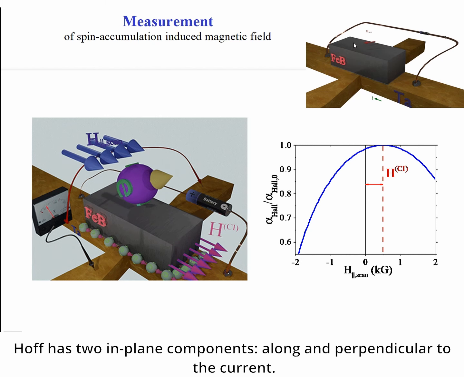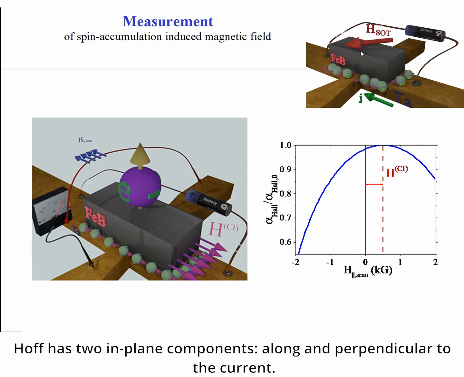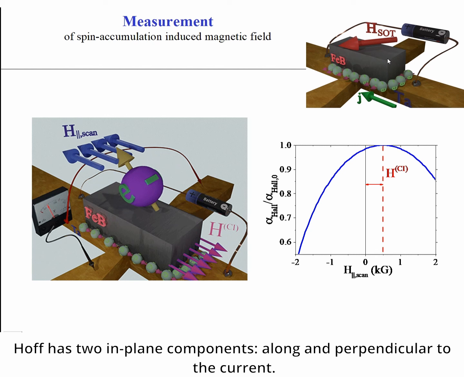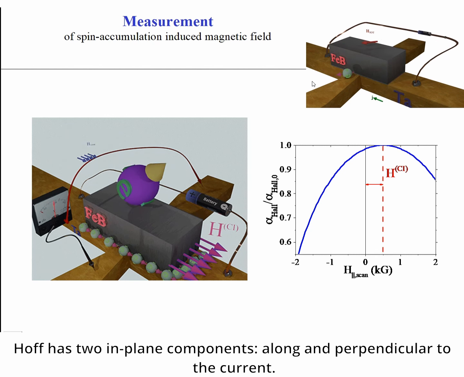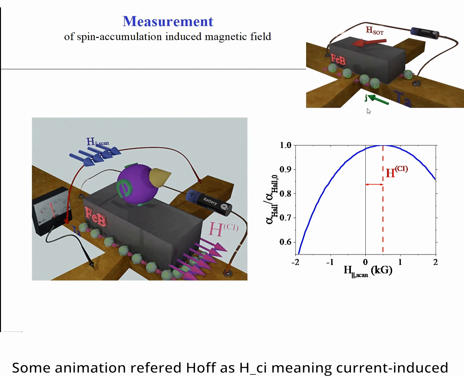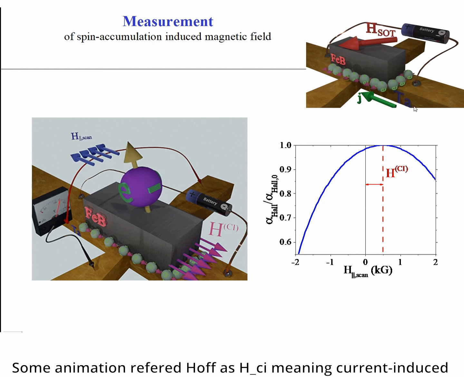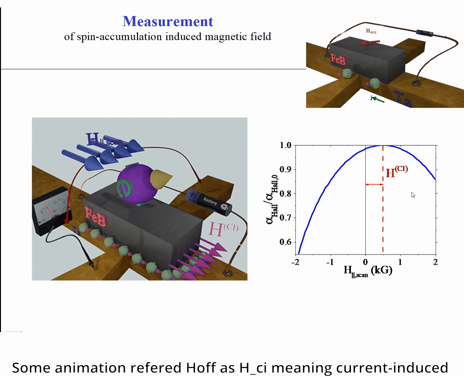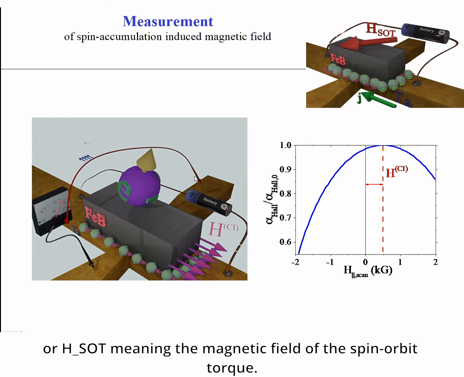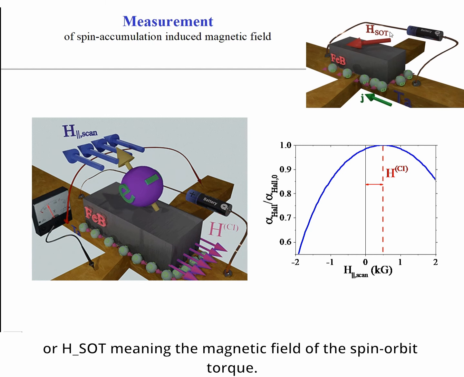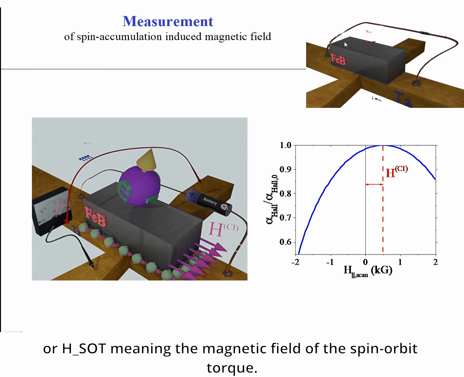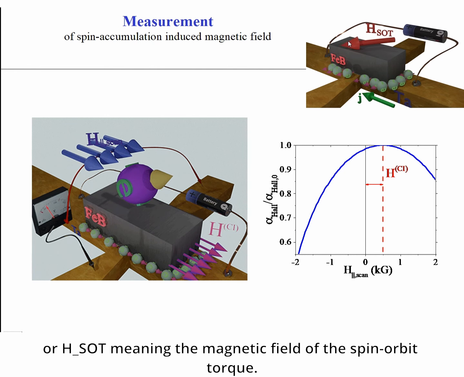Offset field has two in-plane components, along current and perpendicular to current. Some publications refer to offset field as H_CI, meaning current induced, or H_SOT, meaning the magnetic field of the spin orbit torque.